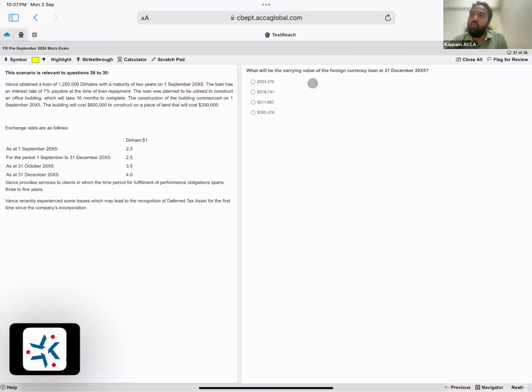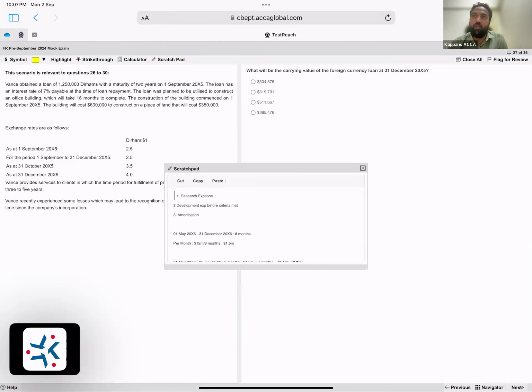Next one. What will be the carrying value of the foreign currency loan at 31st December X5? And they're asking in dollars. So we'll have to convert this. So let's first find out the value of this loan on 31st December X5. On 1st September 20X5, they took a loan.